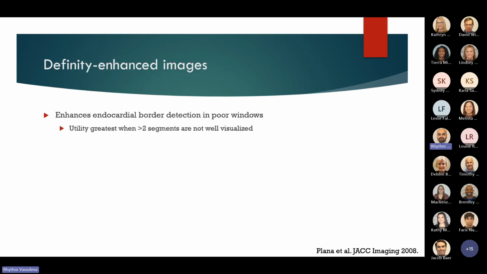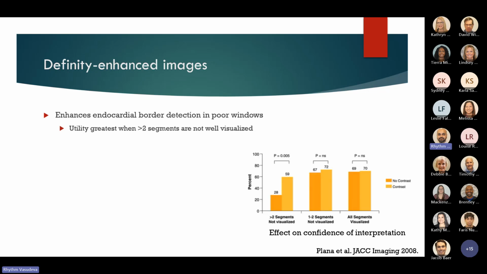We all know DEFINITY, and we sometimes say, oh, I wish this had DEFINITY, but I think our group does a great job of giving DEFINITY. And the utility is greatest when more than two segments are not visualized. That data comes from a study that assessed the use of DEFINITY in stress images.